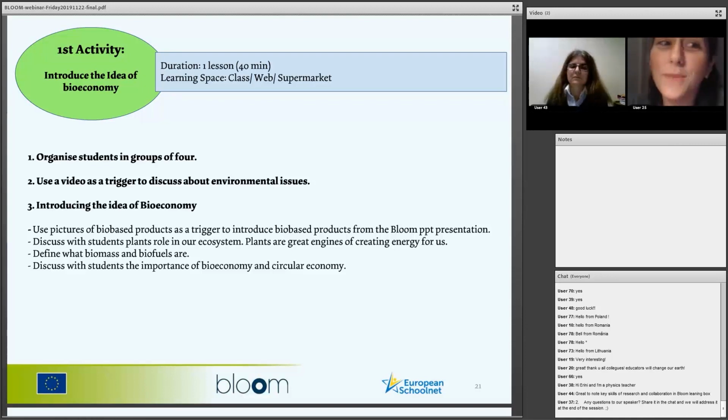So we started discussing our environmental problems and thinking of ways to solve them. They did know about the environmental issues and recycling, so we started building up on it. They didn't know about bioeconomy at all.